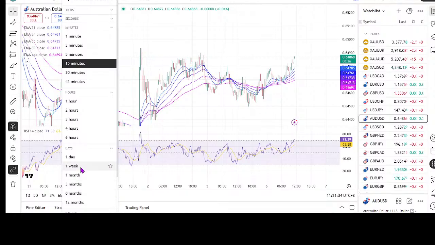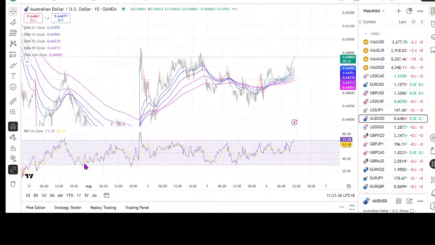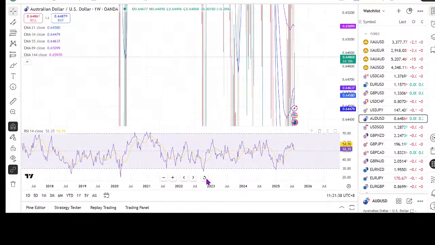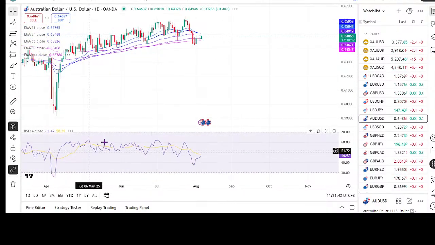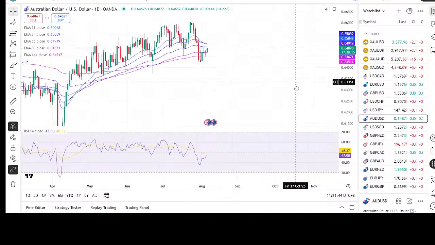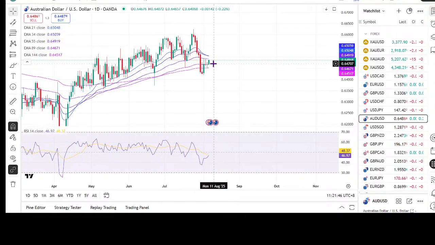And let me see what is on the weekly. Okay, weekly is showing mild strength. Daily is also showing mild strength. And I don't think we should be seeing the price going beyond 65.30.